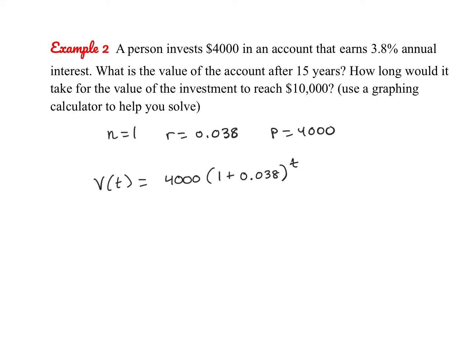And then we can calculate the value after any number of years by just substituting T with 15. So we're finding V of 15. So it's 4,000 times 1.038 to the power of 15. And then this you could plug into your calculator.